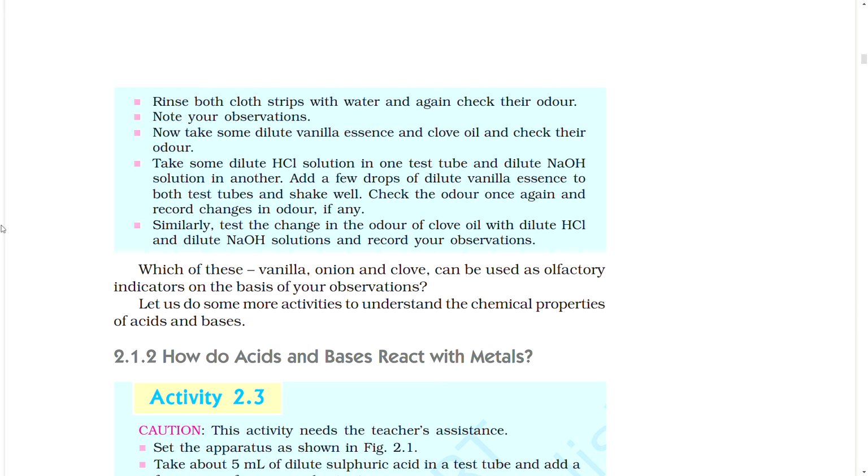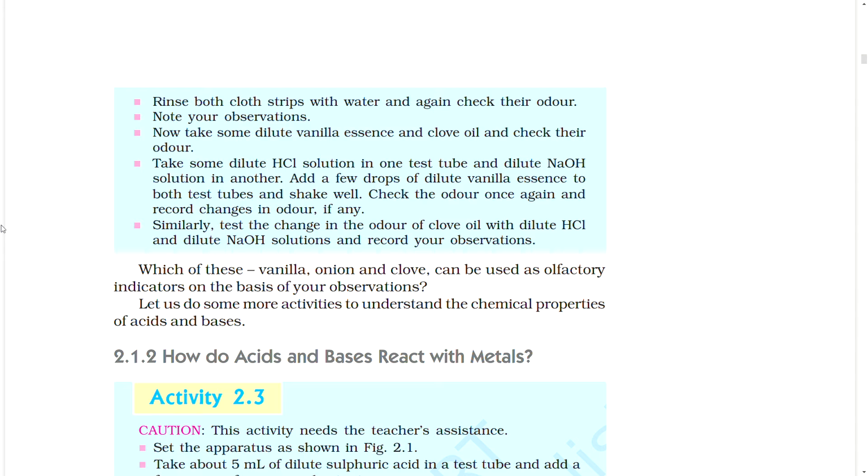Note your observation. Now take some dilute vanilla essence and clove oil and check their odor. Take some dilute HCl solution in one test tube and dilute NaOH solution in another. Add a few drops of dilute vanilla essence to both test tubes and shake well. Check the odor once again and record changes in odor, if any.